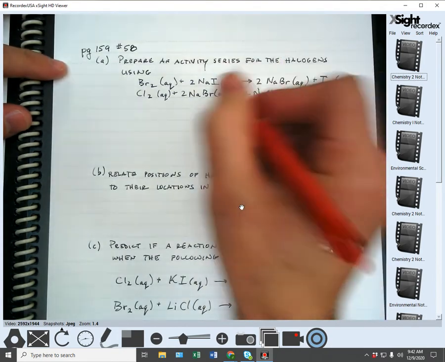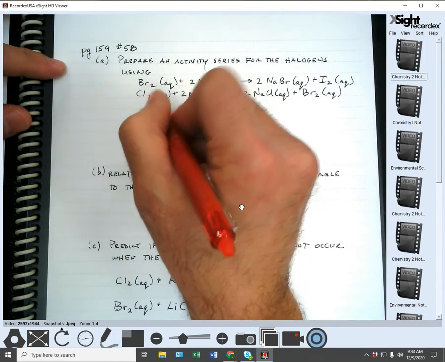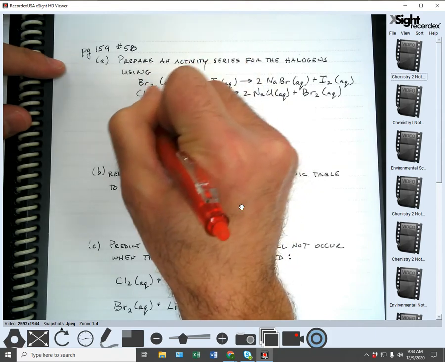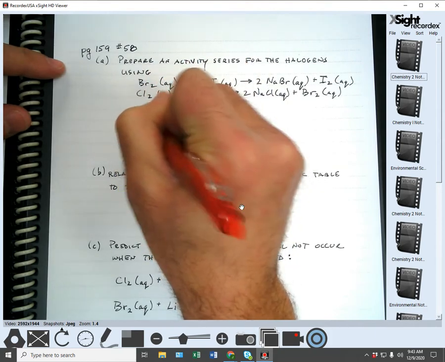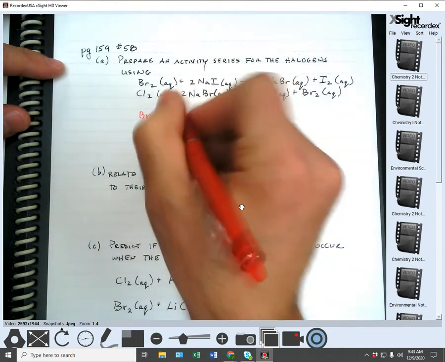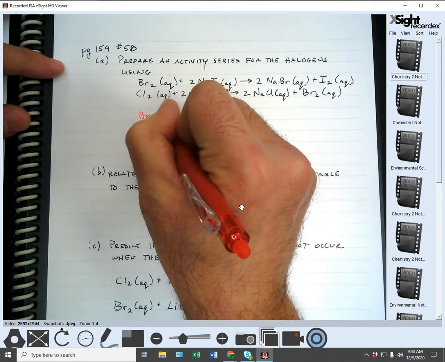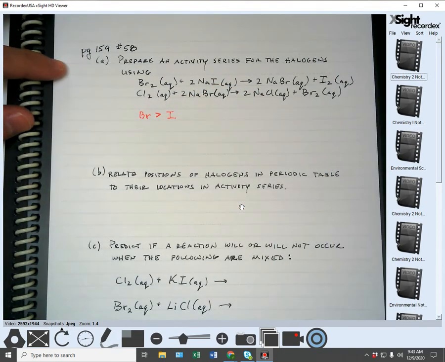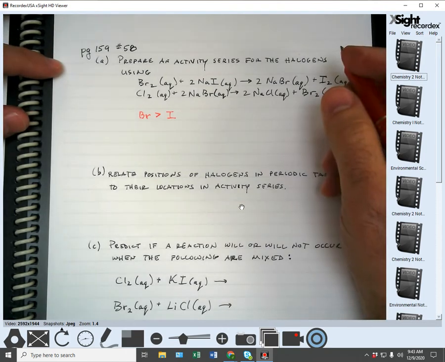What this tells us from the first part here is that bromine is more reactive than iodine because the more reactive one will end up in the compound. So bromine is more reactive than iodine. Okay, that's what the first one tells us.